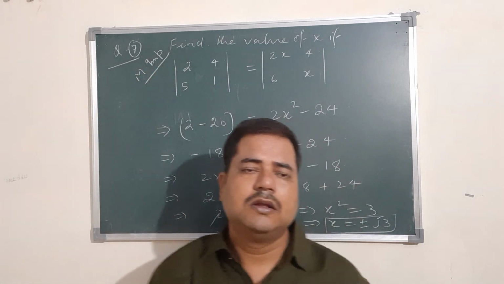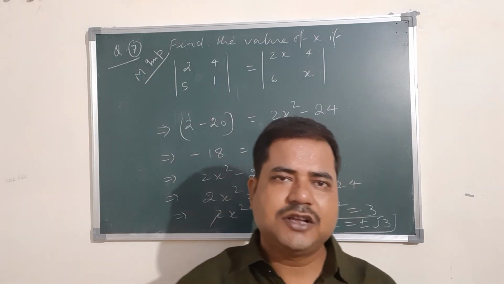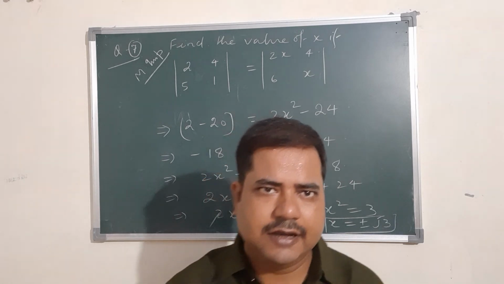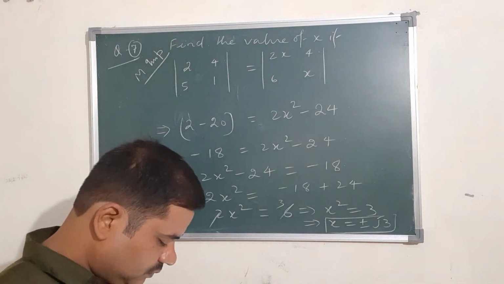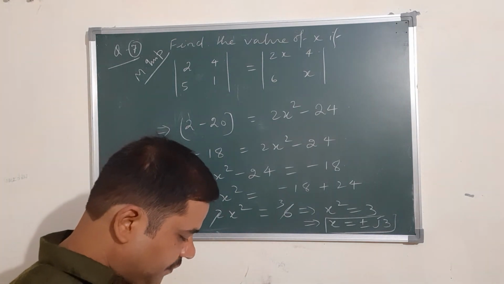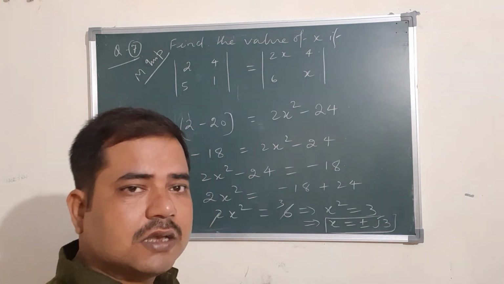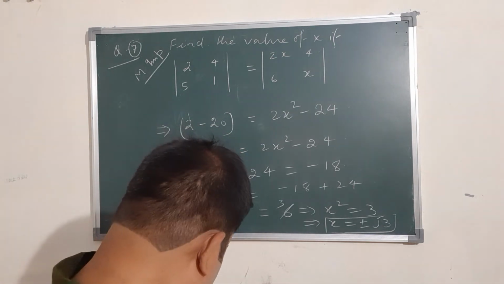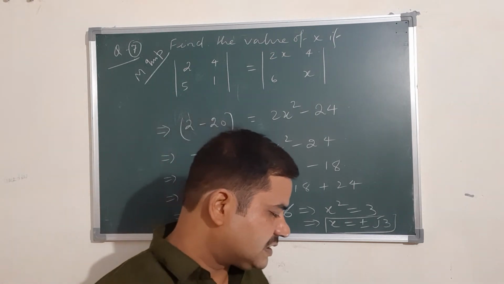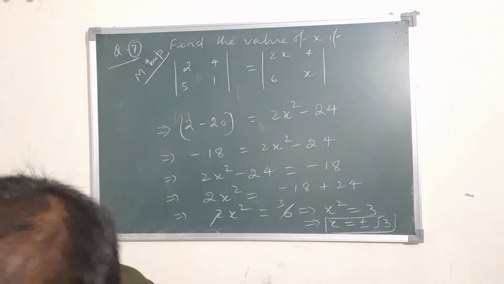Okay, and now we will move to the next question, question number 8. So note it down, please. Before question number 8, there is another question, question number 7, second part.